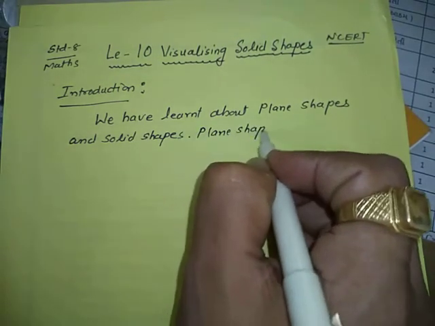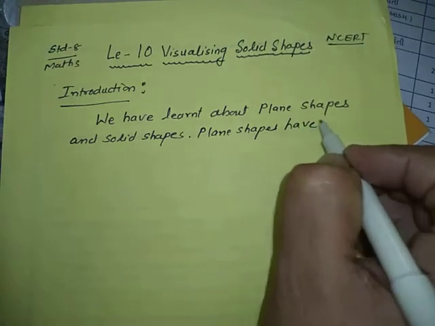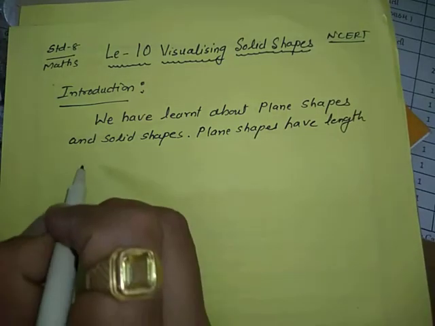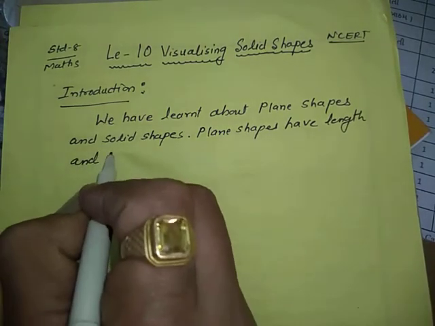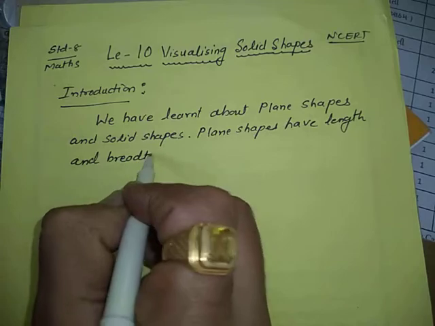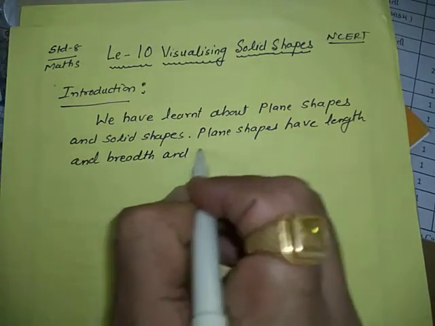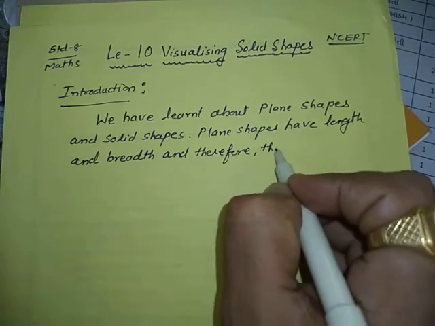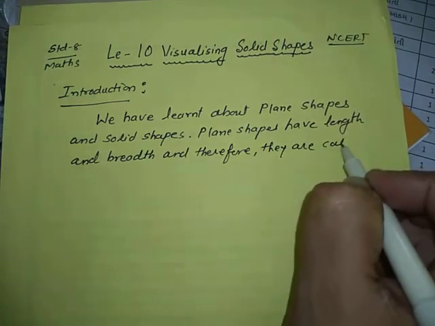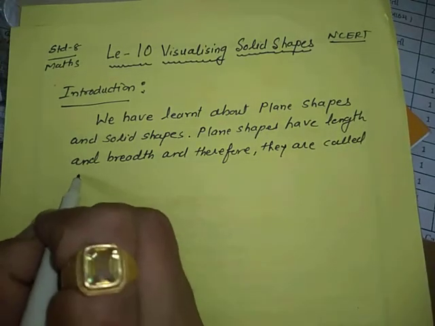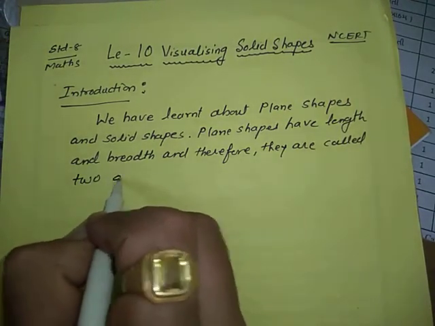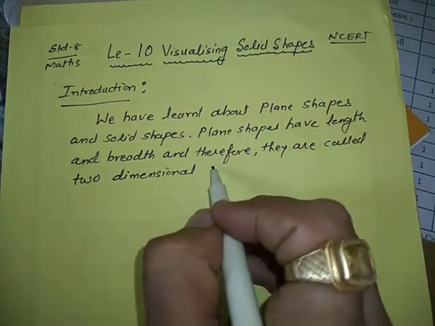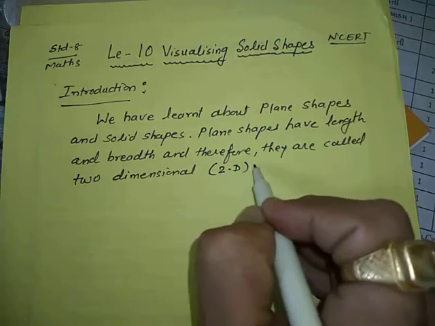Plane shapes have length and breadth, and therefore they are called two-dimensional, that is 2D shapes.